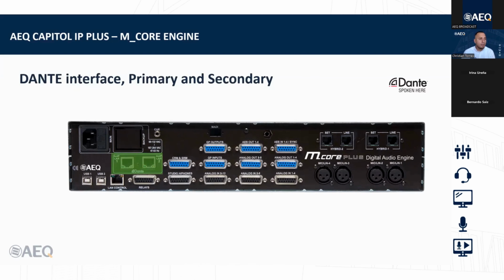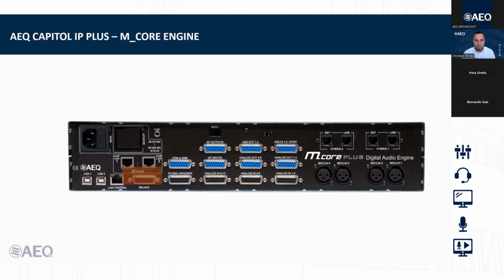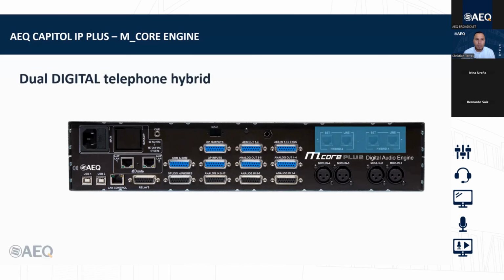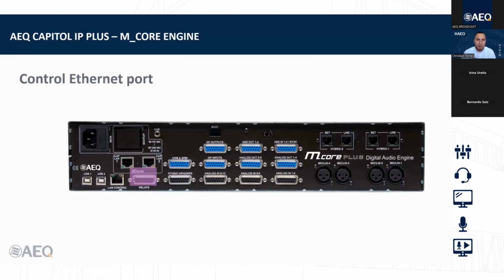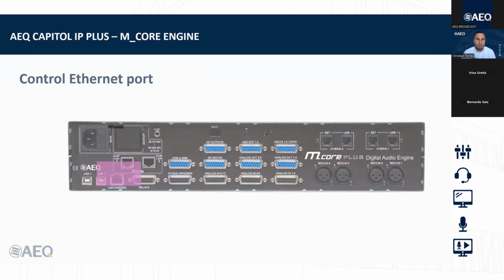It has two LAN ports, one for the primary and one for the secondary Dante interface. One section for GPIO and GP relays. Dual digital telephony hybrid, optionally for conventional PSTN telephone lines. And one port, of course, for LAN control.